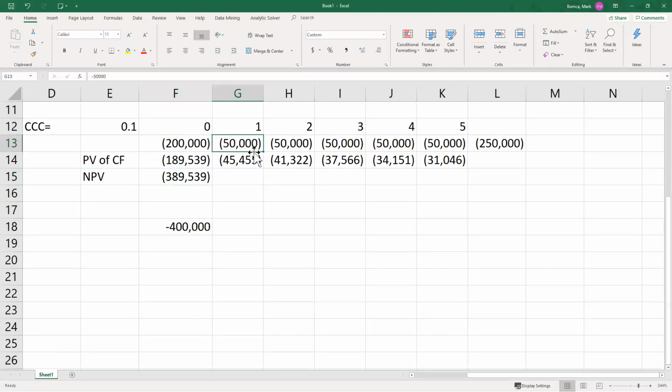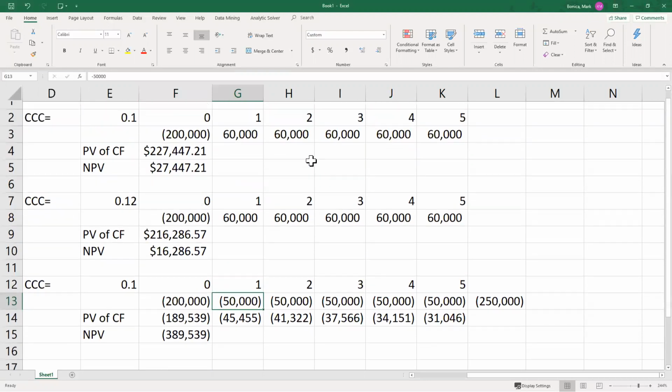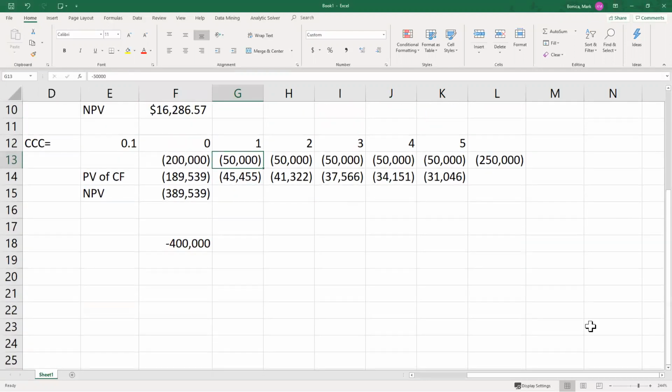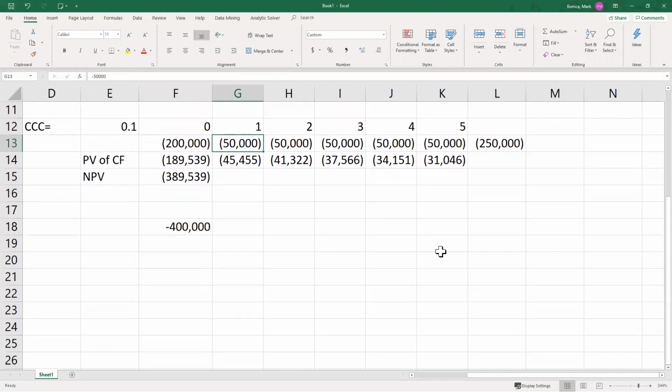So we can use the NPV, the present value concept, to evaluate not just investments where you have a positive cash flow, but also investments where you have an outflow and then future outflows. And this is pretty common, right? You're going to be evaluating a lot of things, particularly if you're not in a profit center.